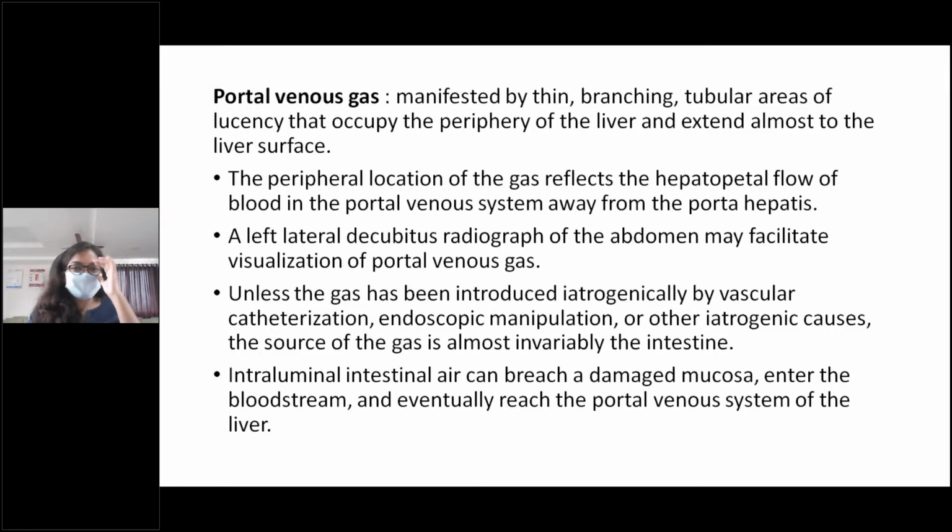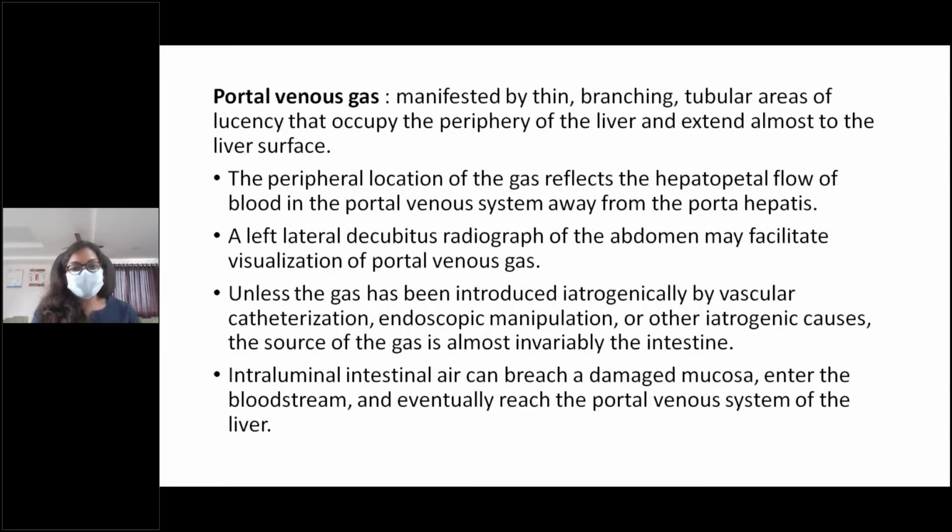The peripheral location of the gas reflects the hepatopetal flow of the blood in the portal venous system away from the porta hepatis. A left lateral decubitus radiograph of the abdomen may facilitate visualization of the portal venous gas. This is the best view for the portal venous gas.